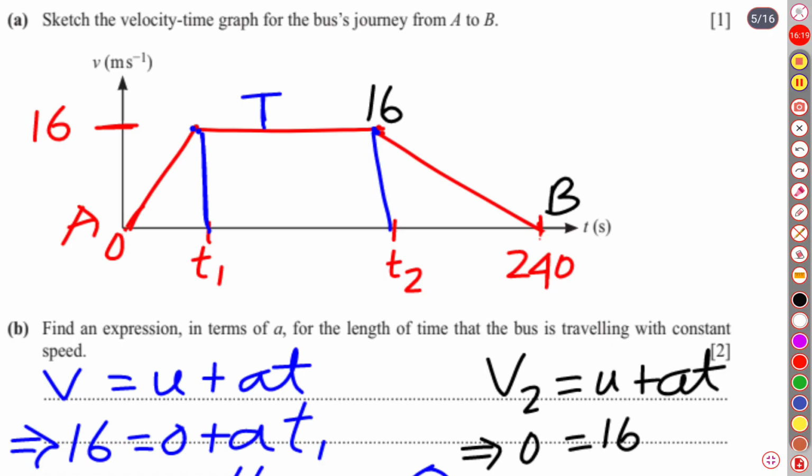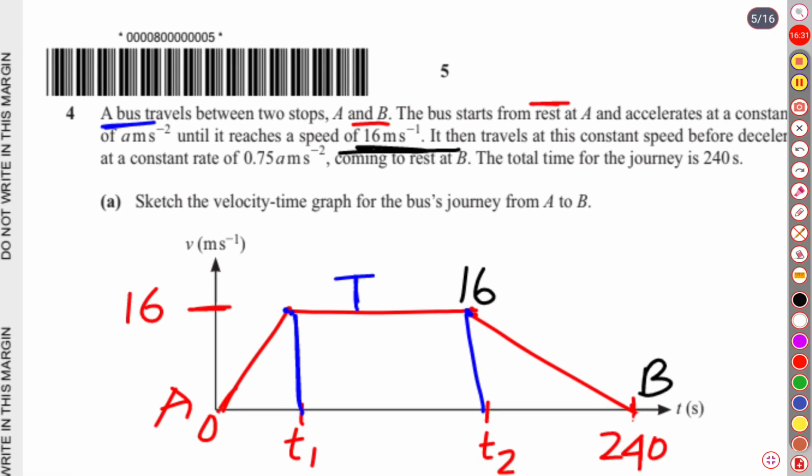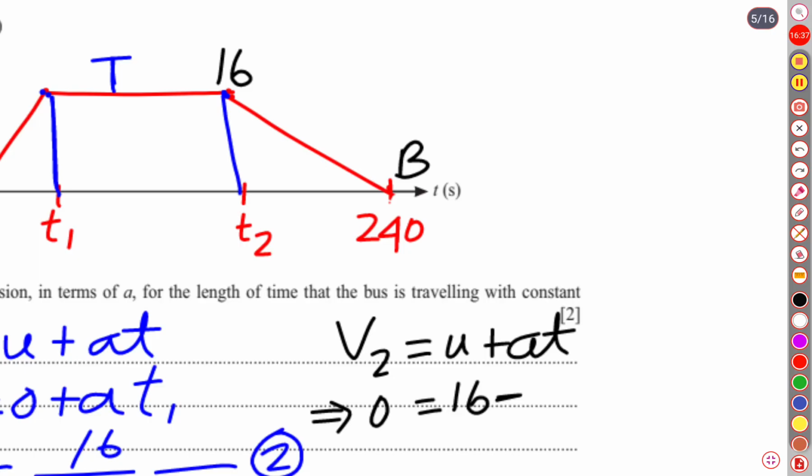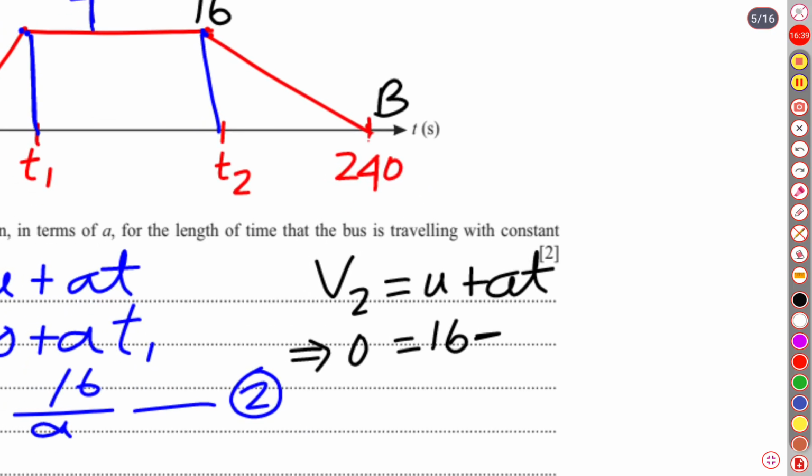because this is not acceleration. Look at this, the line is a negative straight line, so this is negative acceleration, meaning deceleration. And what is the rate of deceleration? It has been given that it was decelerating at the rate of 0.75 a. So we will write here 0.75 a.